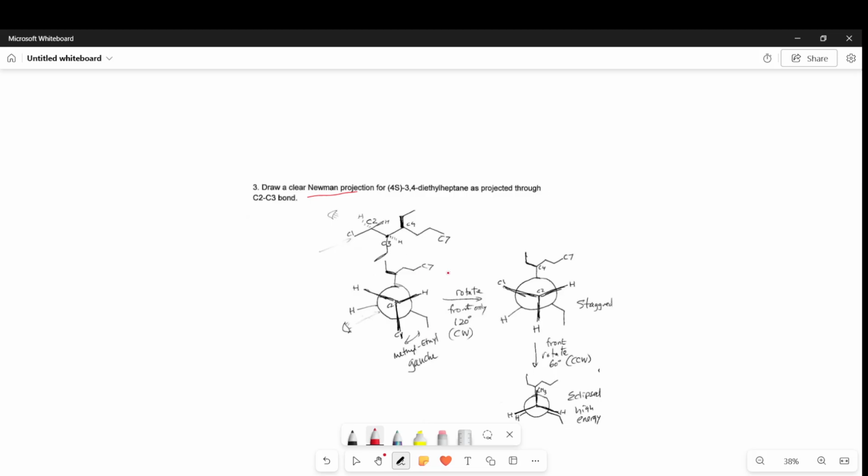So that's what we are trying to show in this question. The stereochemistry is given for the 4S position, but for C3 it is not given, but it may not be very important.